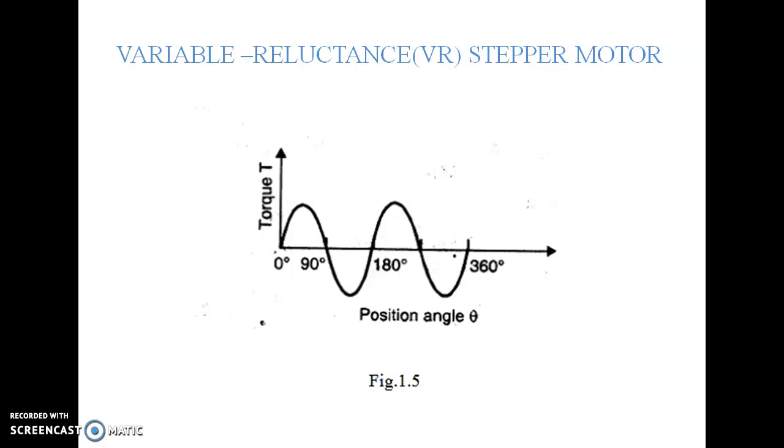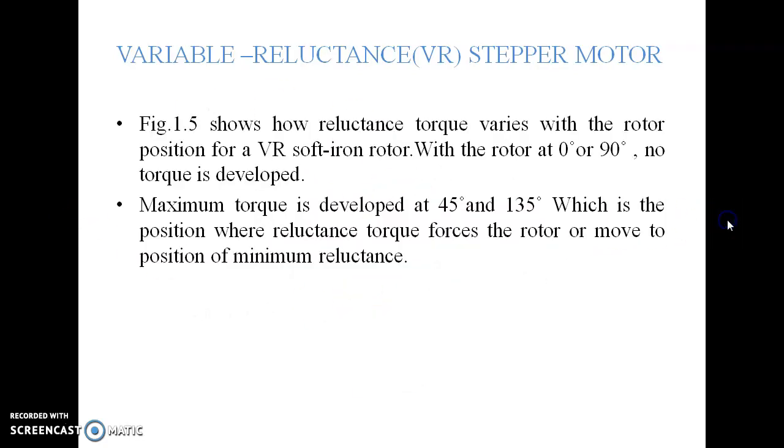At theta equal to 45 degree, the torque is maximum. At theta equal to 90 degree, the torque becomes 0. And again, in the negative axis, it becomes maximum at which angle? Angle 135. Next, at 180 degree it is 0, and so on.